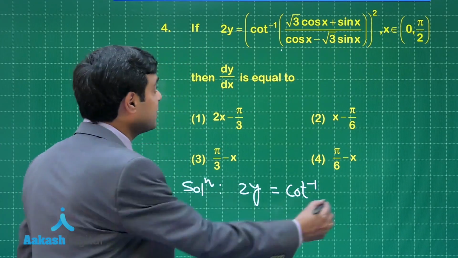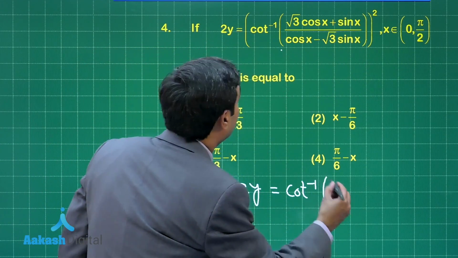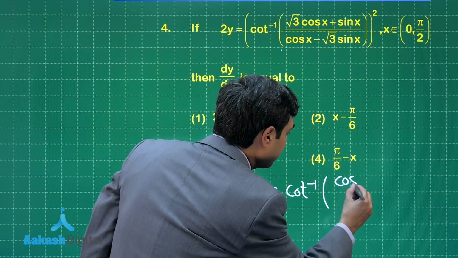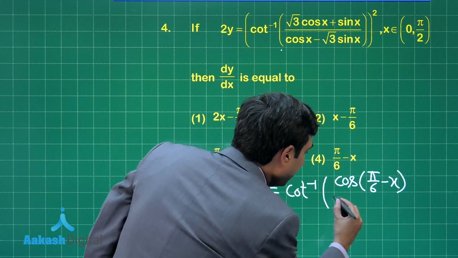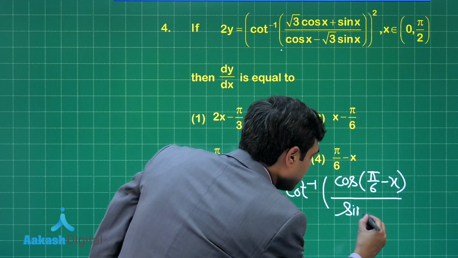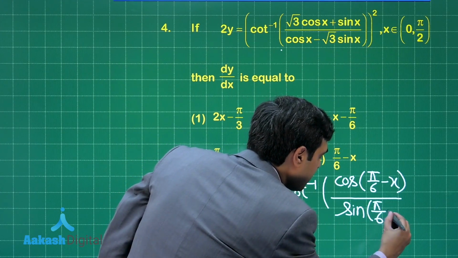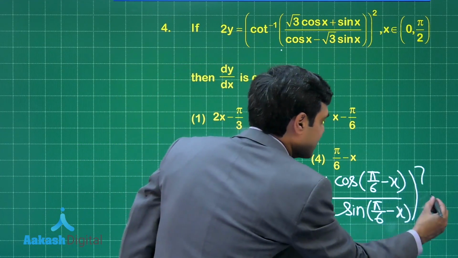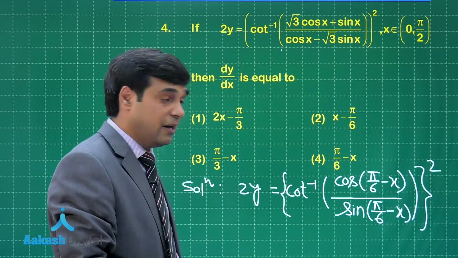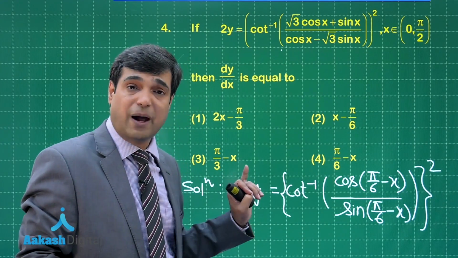So I can change this function as cos of pi by 6 minus x divided by sin of pi by 6 minus x. Now, the entire function you need to put square. This is clear? So this is simply cot of pi by 6 minus x.